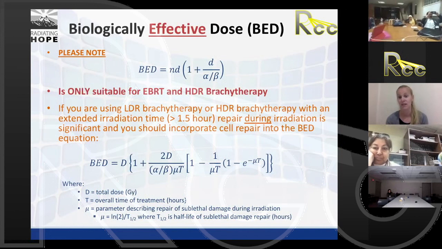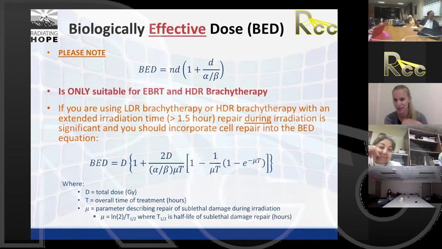So you need to incorporate this additional term into your biological effective dose calculation.